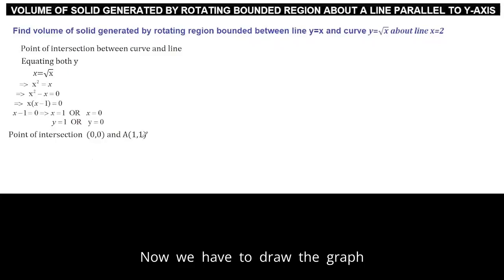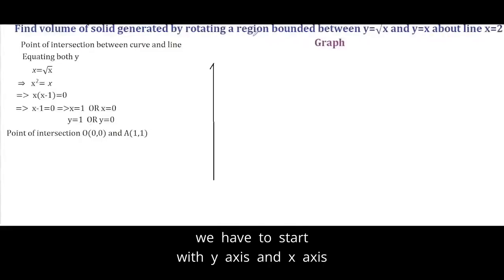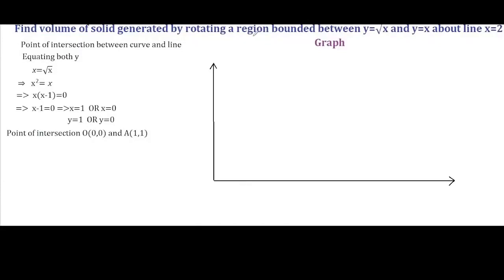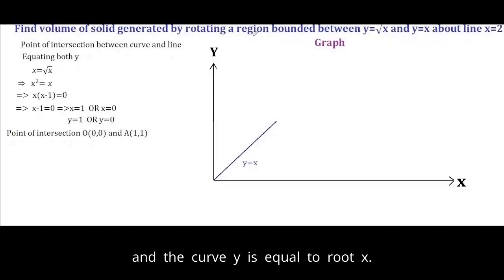Now we have to draw the graph. We have to start with the y-axis and x-axis, and then the line y is equal to x and the curve y is equal to root x.